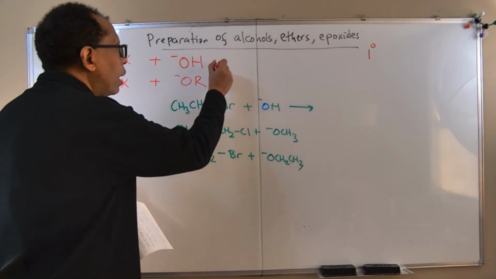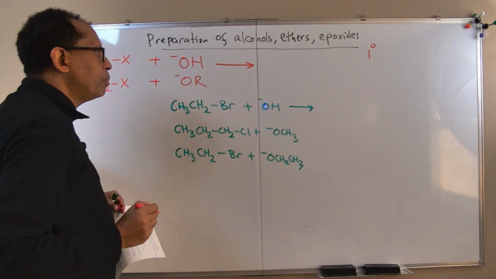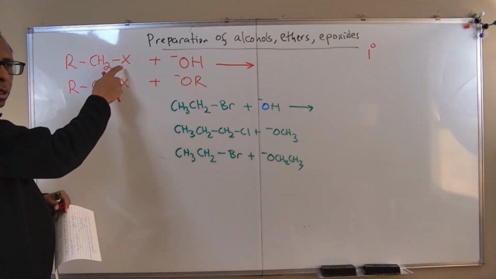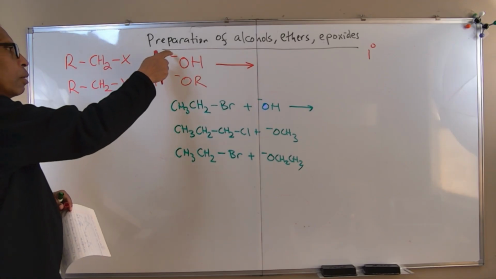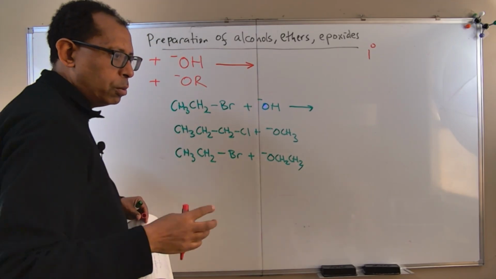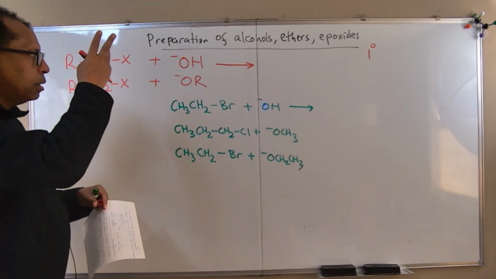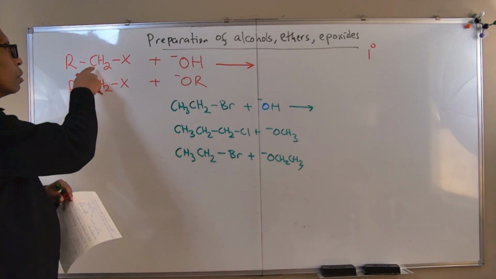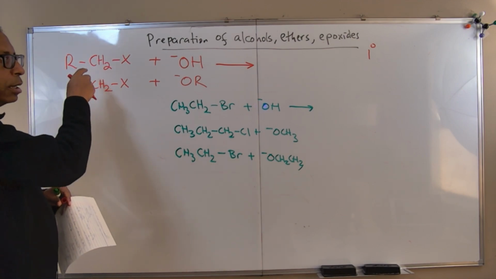Now, by an SN2 reaction, the OH would substitute the halide, that means the leaving group. So this OH minus attacks this carbon. It is SN2, that means the attack and the leaving group leaves at the same time. So this is a primary alkyl halide.